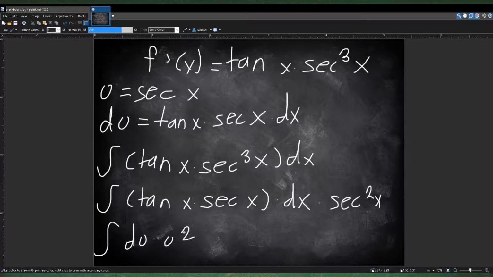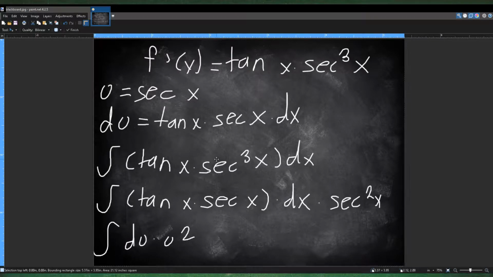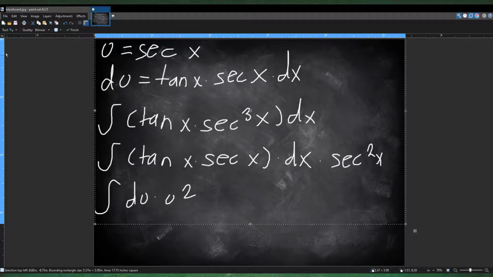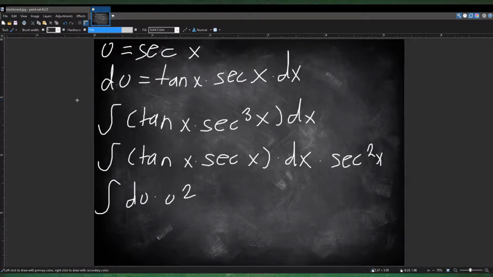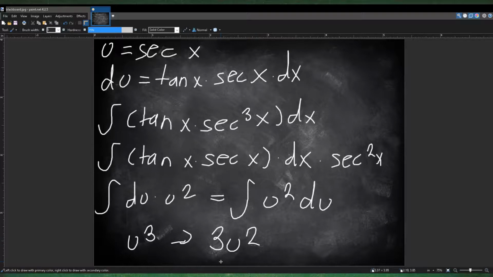So rewriting this, we have the integral of u squared du. So with u, since this is quadratic, we need a cubic, so u to the power 3. The derivative of u to the 3 is 3u squared, right? Well, we don't want 3u squared, we just want u squared, so we multiply by 1/3 on both sides.